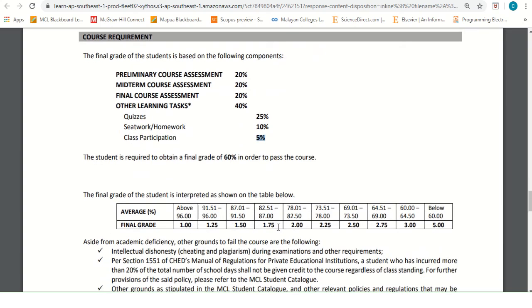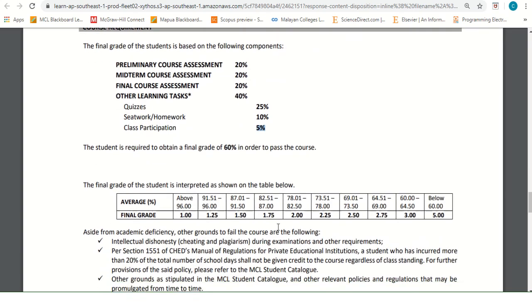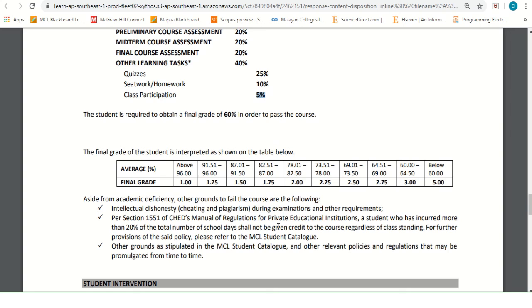Okay, so as usual, the basic policies of the school will be applied, in particular in terms of your attendance.